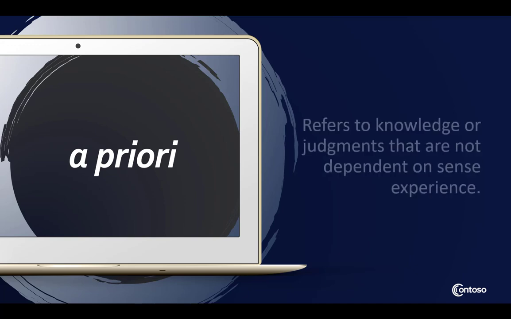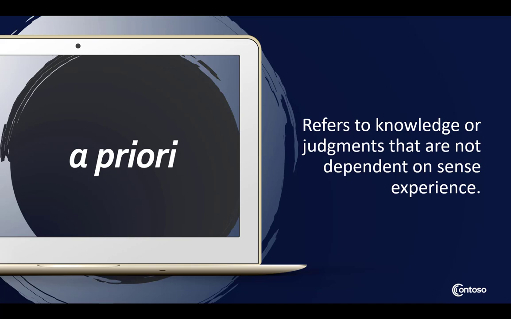So these are good terms to know if you don't already know them. The first term is a priori, which refers to knowledge or judgments that are not dependent on sense experience. Okay, so these are things that I can know, or judgments that I can make, even if I don't base that on some sort of evidence from the senses.